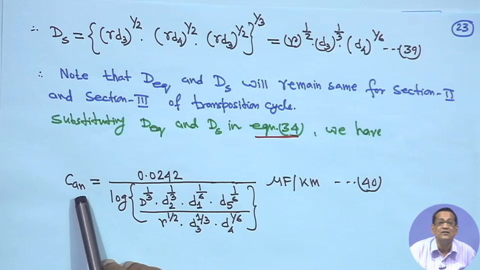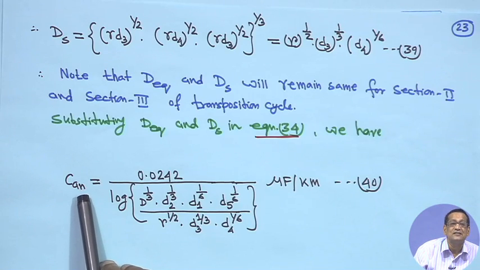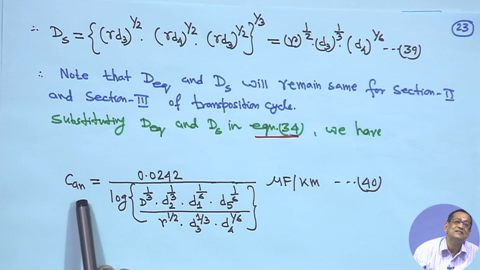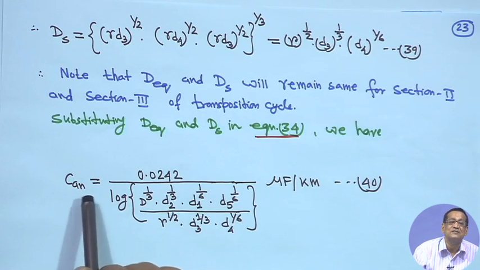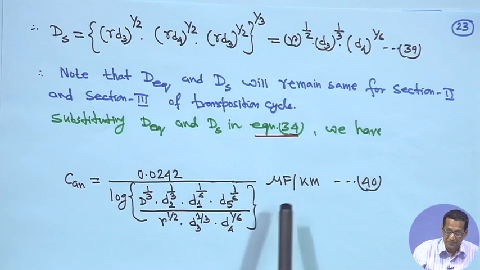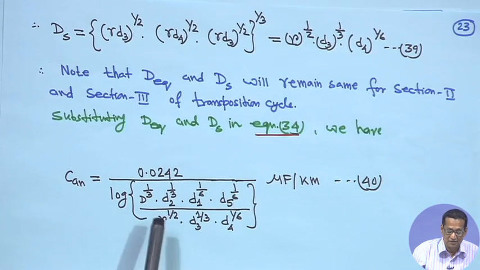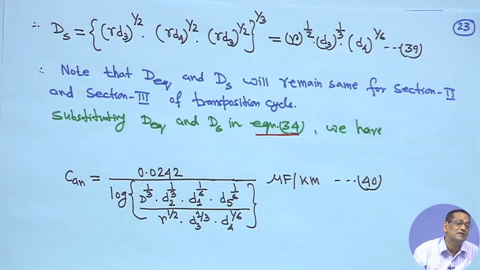So, this is basically one phase to neutral, right. It is a balanced system. So, CAN, CBN, CCN, all the expressions will have the same values, right. So, this is the line to neutral capacitance for the 3-phase double circuit line. This is the expression, right.